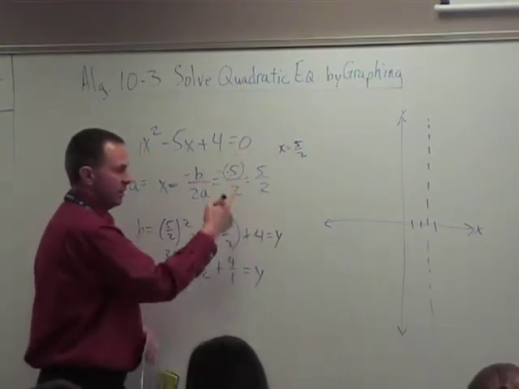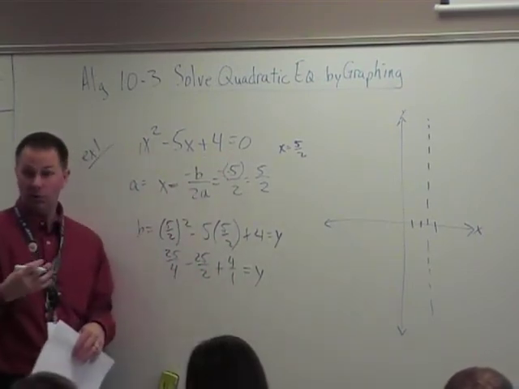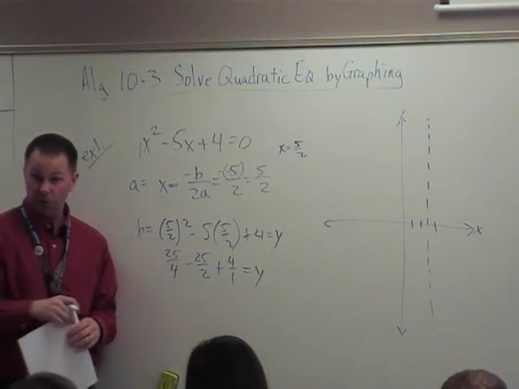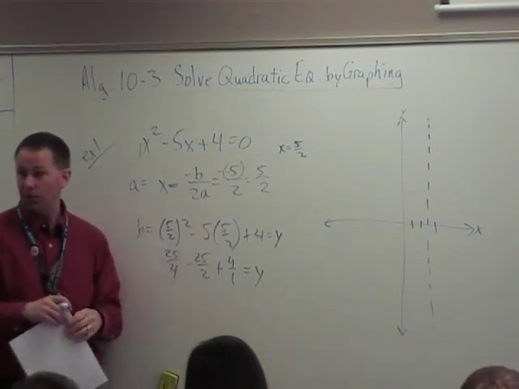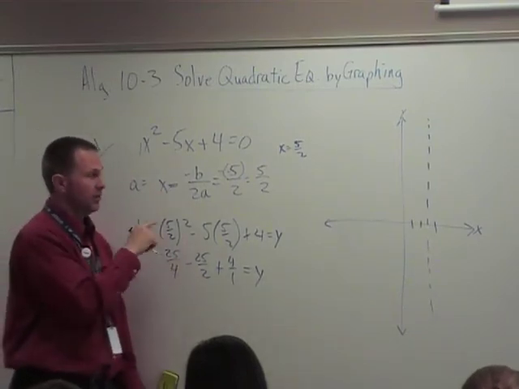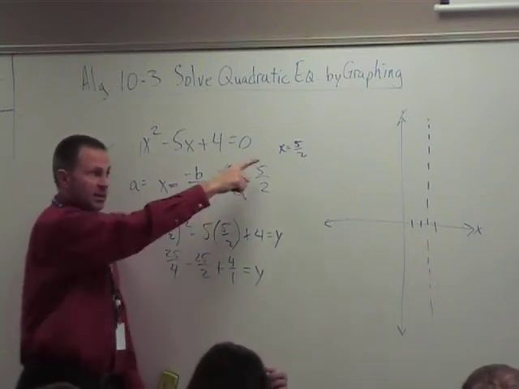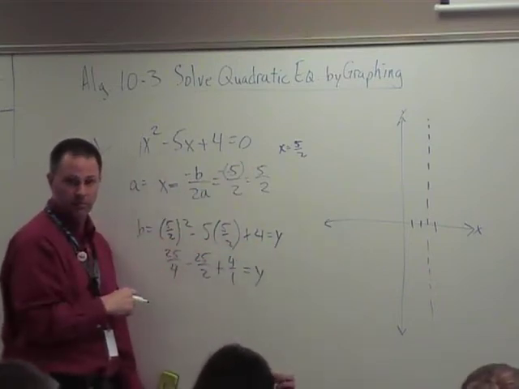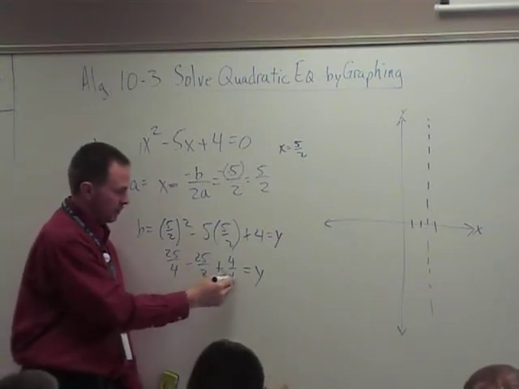Even though that's a 0 there, that's still y. When there's a 0 there, it's wanting to know what your solutions are, what your zeros are when y is 0. That's why it's called finding your zeros. But we want to graph the parabola, so we got to find the vertex, where the vertex is for y when x is 5 halves. So I need to make that a 4, make that a 4.